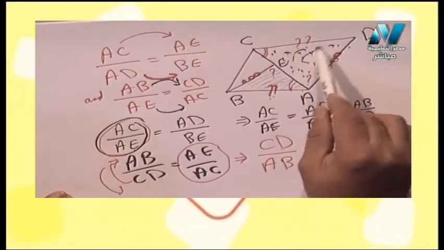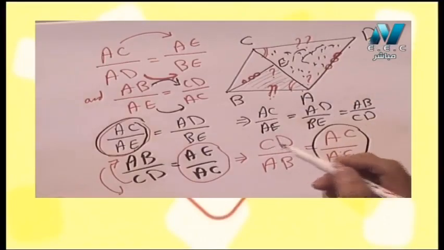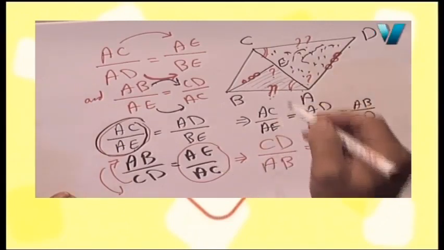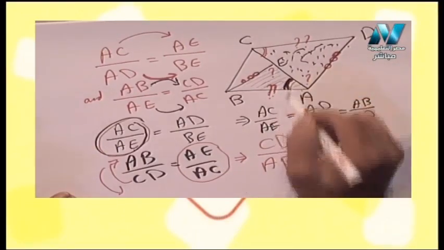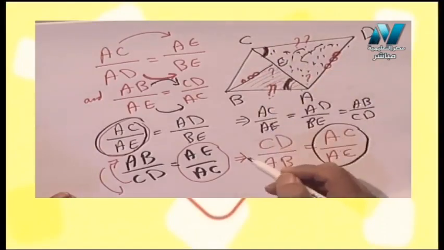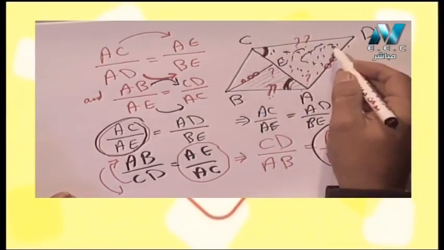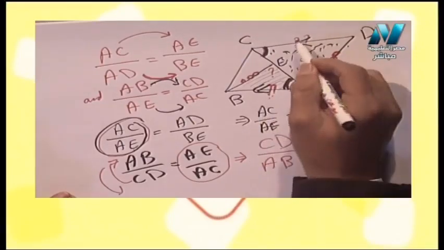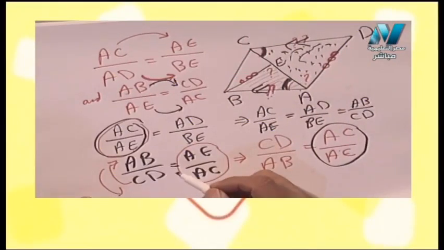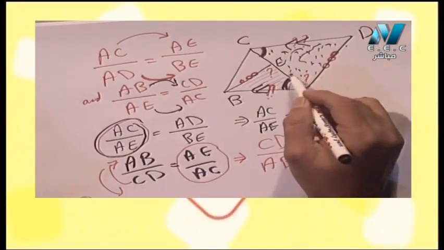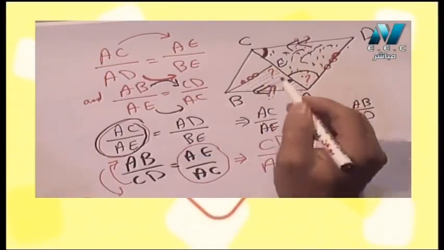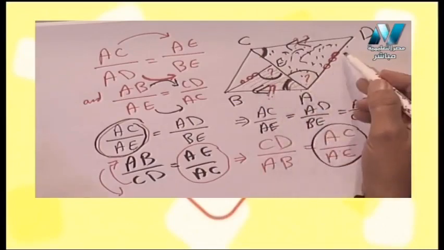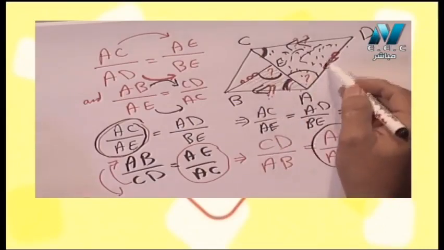Yes, they are similar. So from the similarity we can easily prove that the measure of this angle equals the measure of this angle, and they are alternate. So CD here is parallel to AB, and we can prove that this angle, which is DAC, equals this angle, and they are alternate. So we can easily prove that they are parallel also.